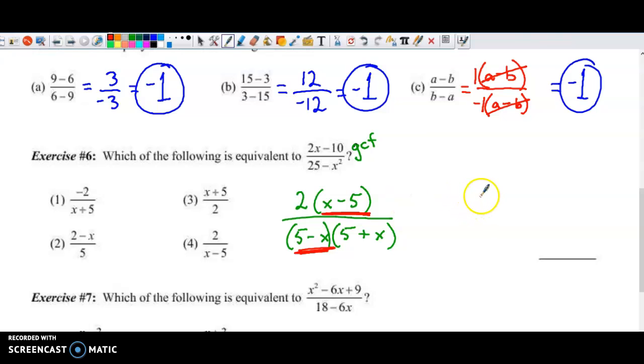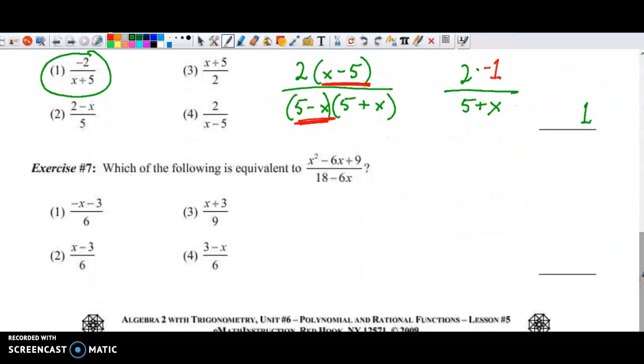So that's going to be like a -1. So what we have on top is 2 times -1 over 5 plus x. And not trying to confuse anybody, because there's two things. 2 times -1 is -2, and you don't have to write 5 plus x. You can switch that order around. 5 plus x is the same thing as x plus 5. That's why option 1 is correct.